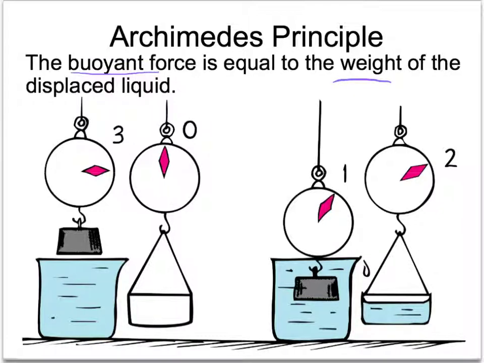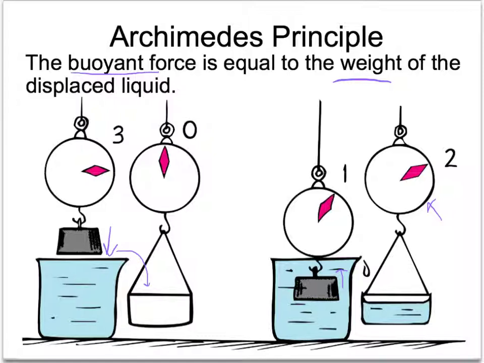So, if we know how much water was displaced when I dropped the object into the water, and we weigh that water, so over here, we're using the scale to weigh the water, the weight of the water that was displaced is equal to the amount of force that the water still in the jar is giving to that object. And so we can use this principle to actually calculate buoyant force. We can find the weight of the displaced liquid, and then we know that's how much force the liquid is putting on the object that's been inserted into it.